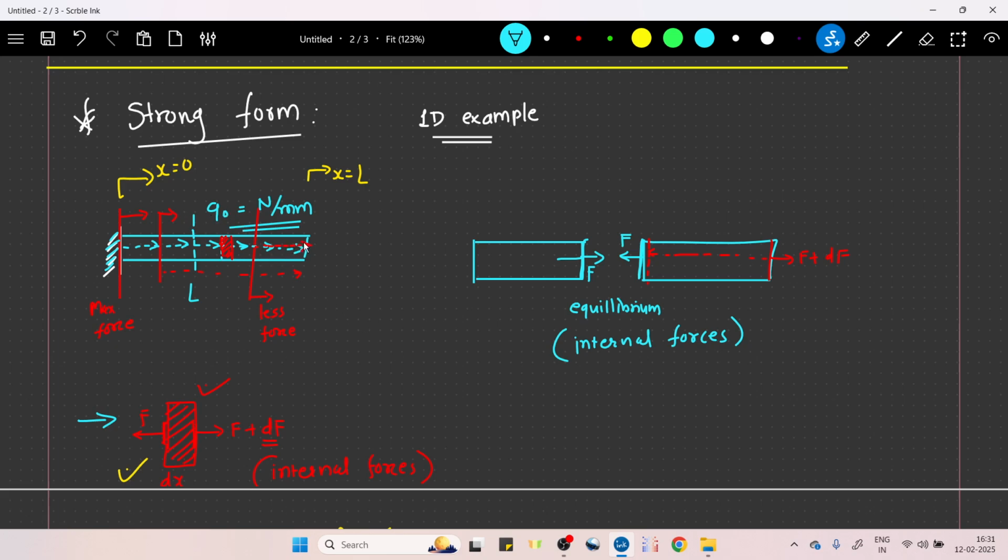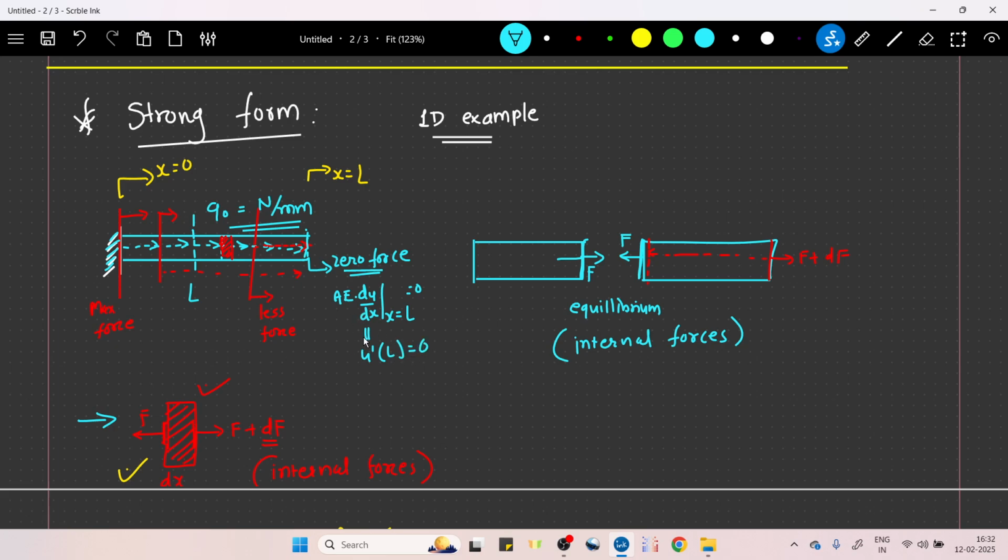As I said, this member is going to experience zero force at the free end, so AE times F is equal to 0. F is nothing but AE du by dx. Since this is the end of the rod, at x equal to L, we can say u' at L equal to 0.